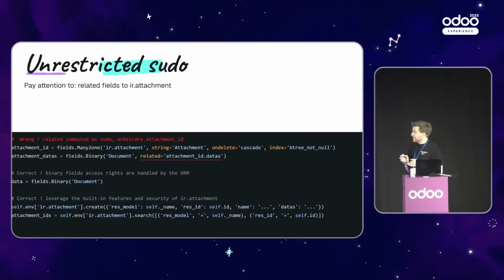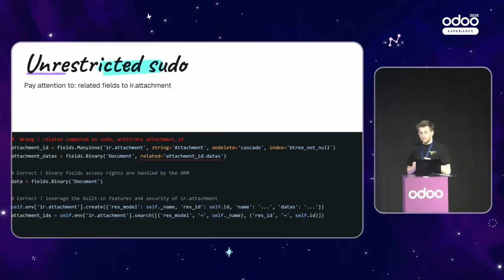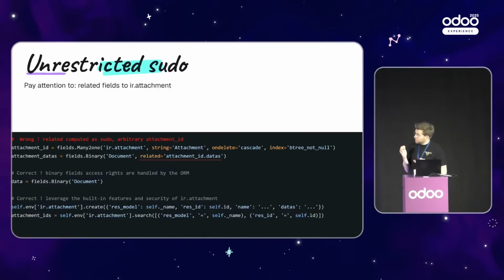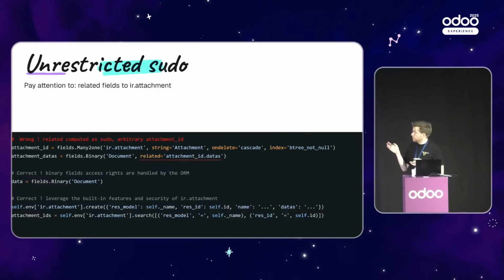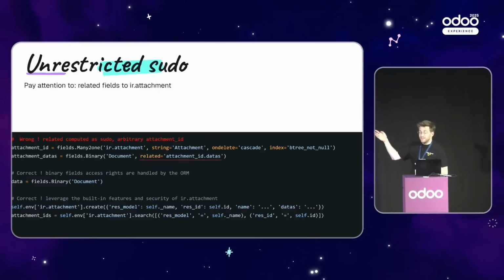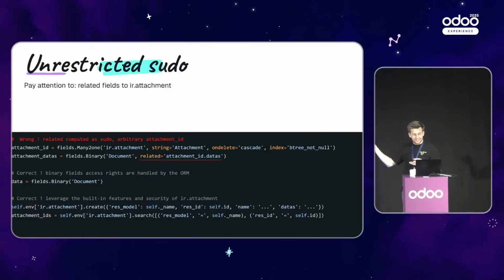A very specific case that you need to always pay attention to is the attachment. When you are doing a many-to-one to an attachment, in this case attachment ID, and then you are very tempted to do a related to that attachment data. Related fields in Odoo are always read as sudo.